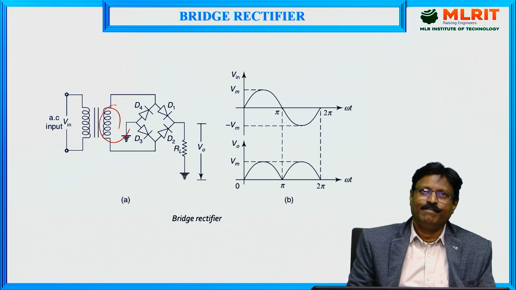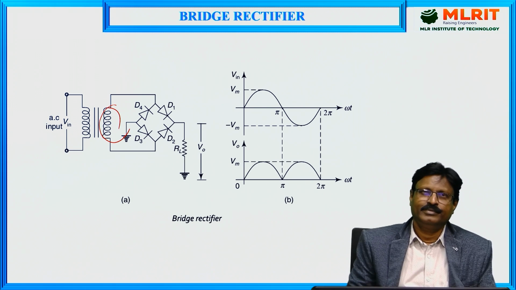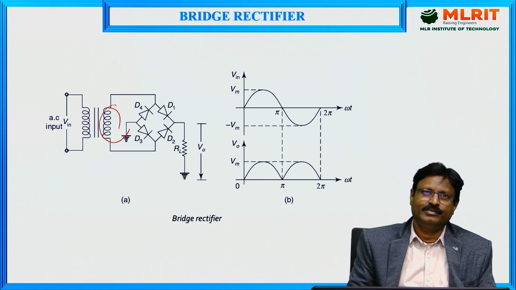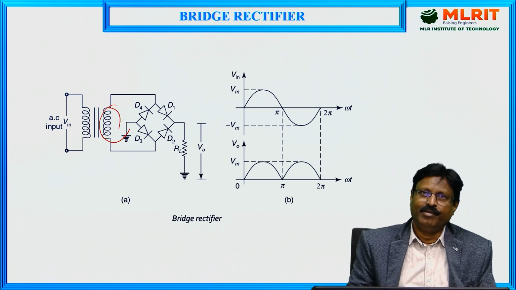So here we won't go for the center tap transformer, we go for the ordinary transformer. That is the main change when compared with the full-wave rectifier. Also, the peak inverse voltage for a diode is reduced here, which we will see later while deriving the parameters.